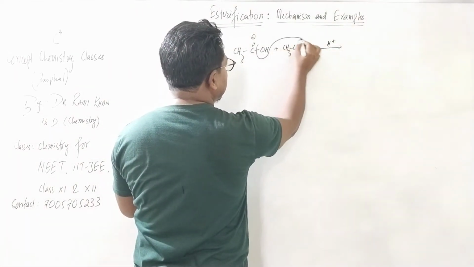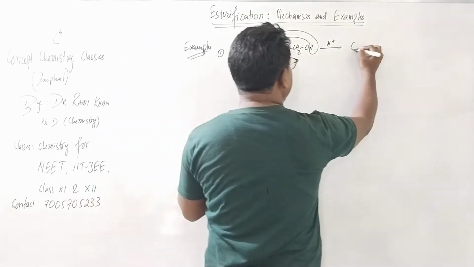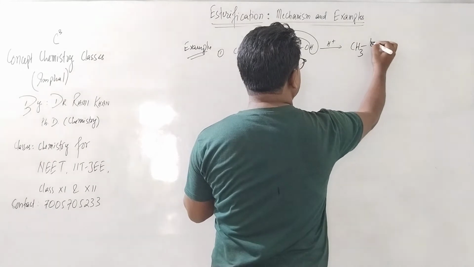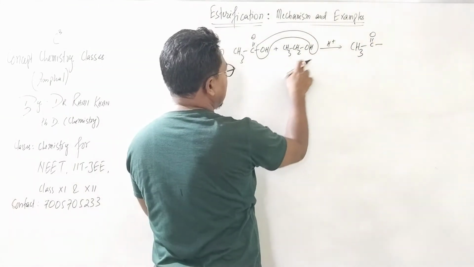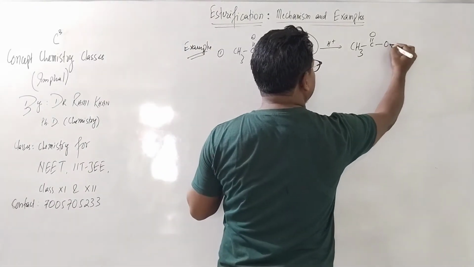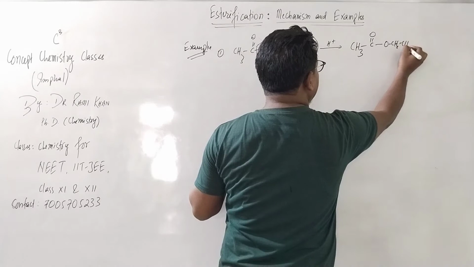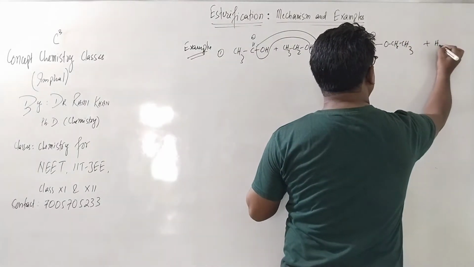So water goes out like this, and we will get CH3C double bond O, and this ethoxide ion will be attached to this carbonyl carbon atom. So we will get this ester plus water, right?